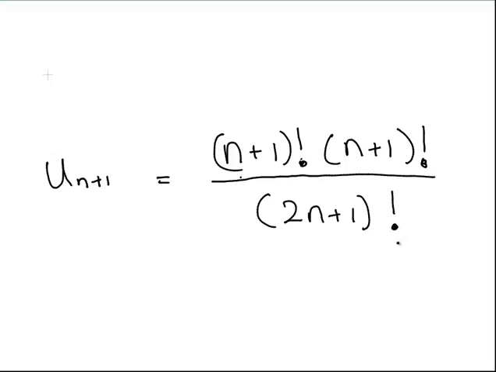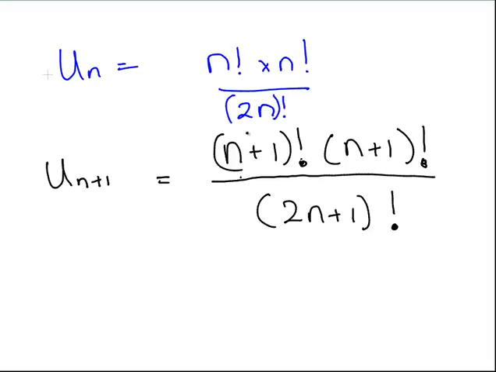So I have the job started here. u of n plus 1 equals (n plus 1) factorial times (n plus 1) factorial over... I put in u of n, which was n factorial times n factorial over (2n) factorial. The next number up is 2n, so I've made a little mistake there. Let's be very careful about it. That actually should be plus 2.